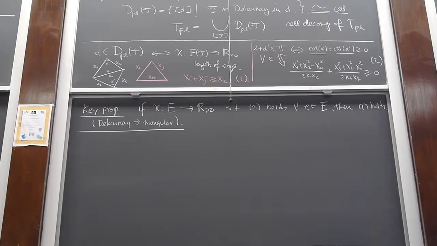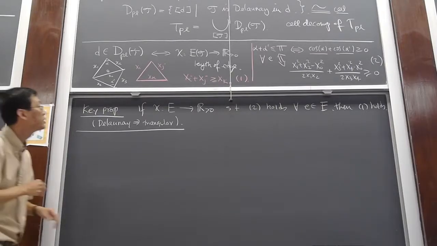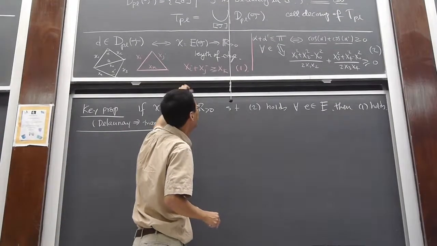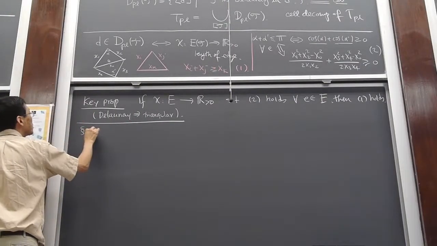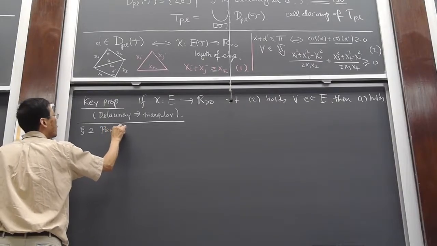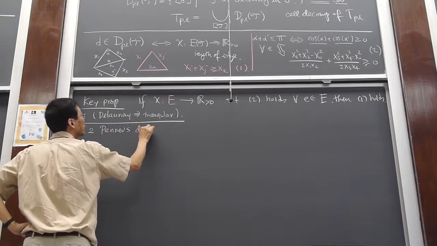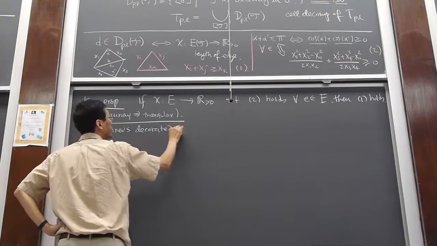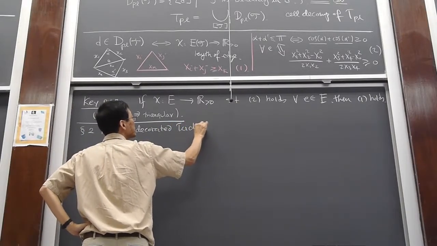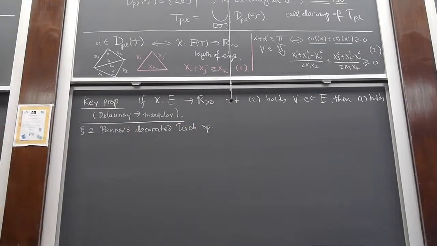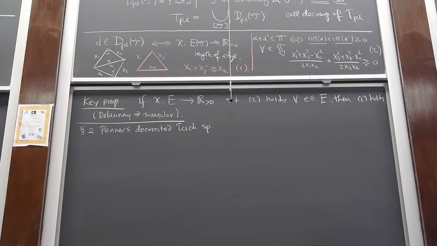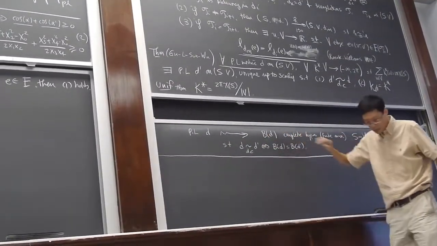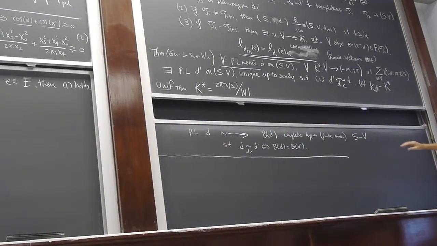Okay, so that's one of the key steps. And another ingredient that comes into the proof is Teichmüller theory. So this is the discrete space. I told you the basic idea is to assign every piecewise linear metric a complete hyperbolic metric of finite area.